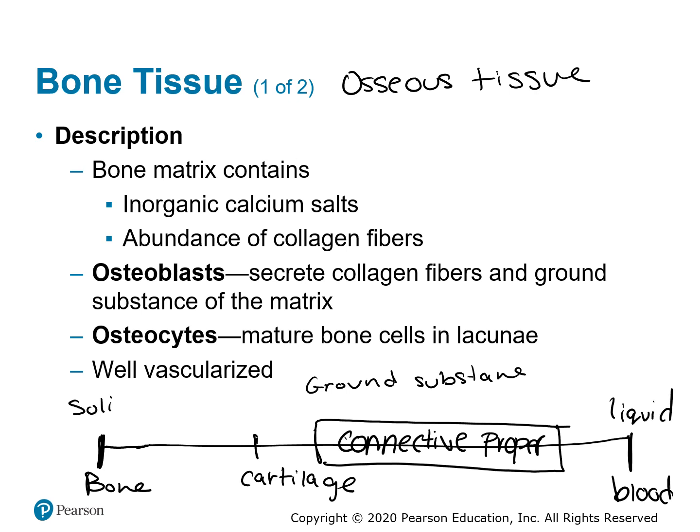So that bone matrix is made up of an organic and an inorganic part. The inorganic part is comprised of these calcium salts, and the organic part is made of collagen fibers.